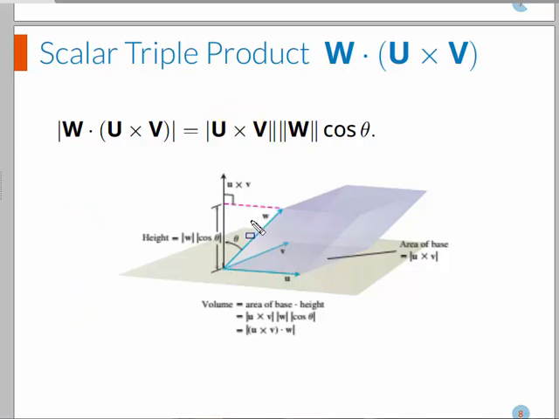For a second special case, these are more pitiful than special cases, if the angle between w and the cross product of u cross v, which is normal to the plane of the base, is pi over 2, that means the box has collapsed, and again it has 0 volume.